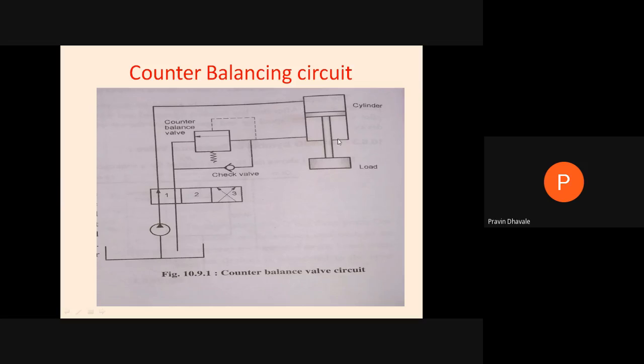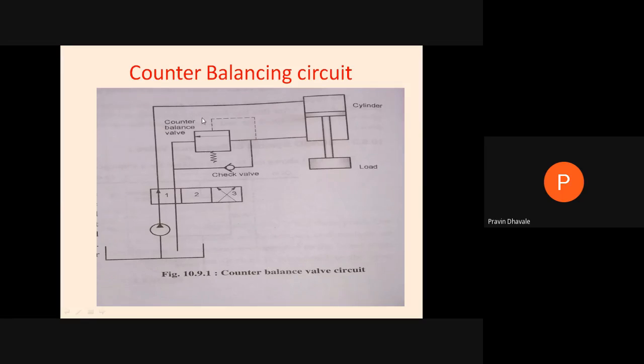Then this will be the cylinder, this will be the piston, this will be the load mounted on a piston on the bottom side, right? Now this will be the whole assembly.